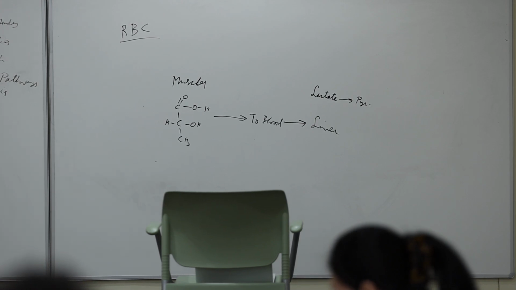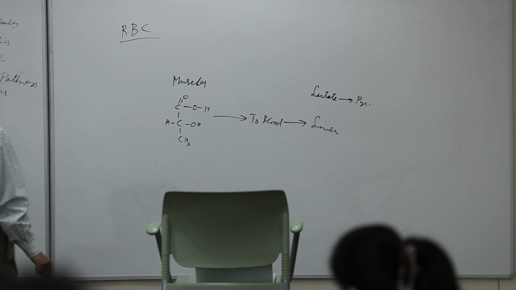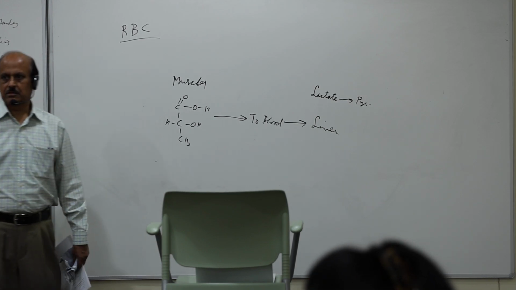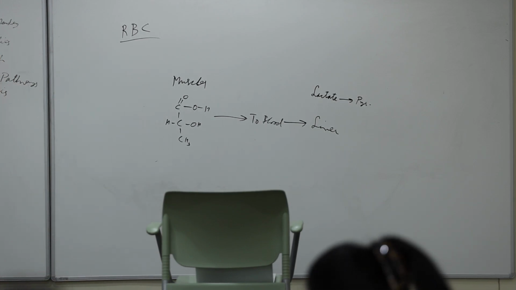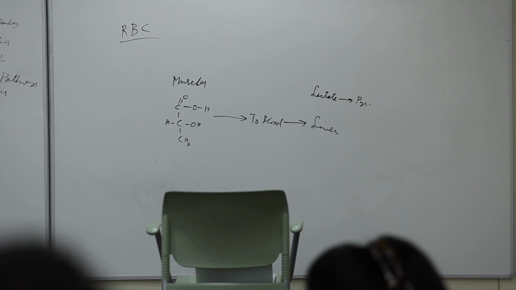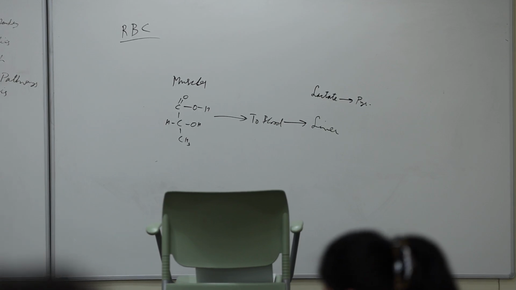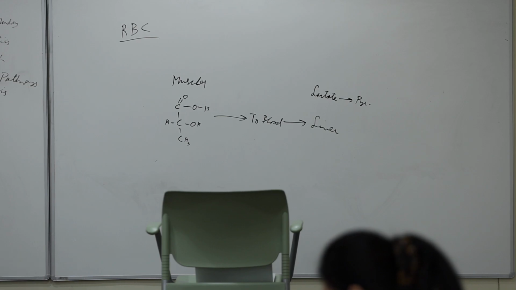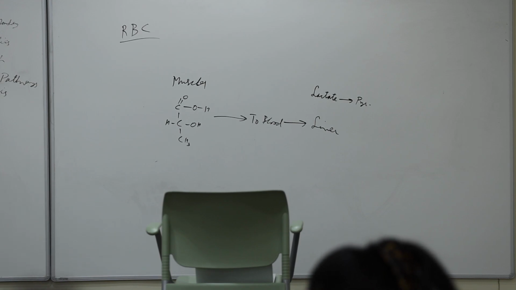Red blood cells cannot do oxidative reactions. What is the function of red blood cells? To transport oxygen. For that, it needs hemoglobin. To make that transport process more efficient, the red blood cells pack in as much hemoglobin as possible, because the more hemoglobin you pack in, the more oxygen you can transfer. So red blood cells are basically packed with hemoglobin. There is no space for anything else.